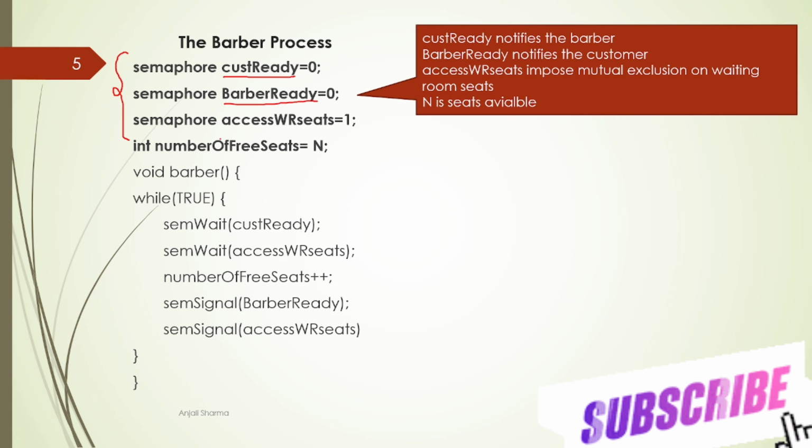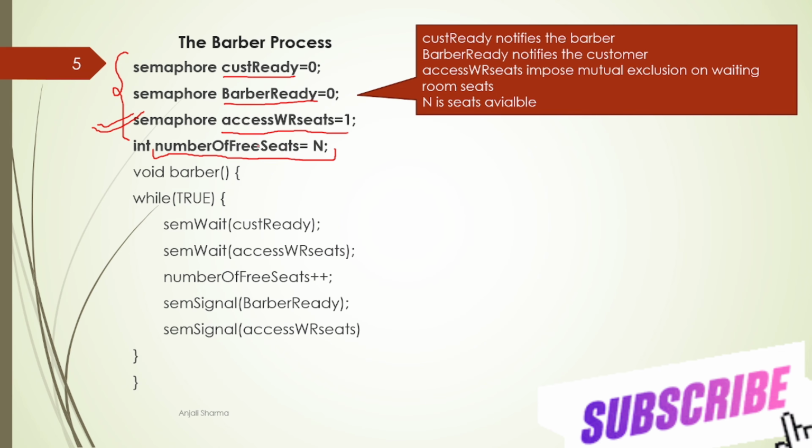Then the third one, access to waiting room seats, right? Now access to waiting room seats imposes mutual exclusion on the room seats, right? So we know that a semaphore value is used to actually implement mutual exclusion. Because both the barber and the customer process during their execution are going to manipulate this variable, right?